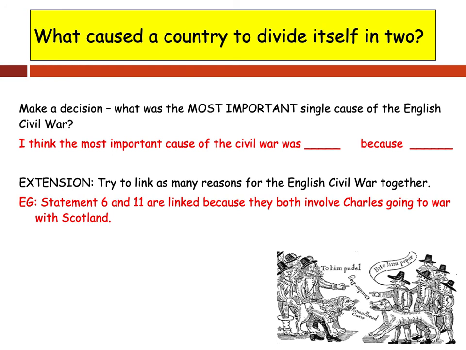Take a lot of time to justify why you think that particular reason was the most important. If you can, think about, are there any links between these? For example, we could say Parliament's demands over money is a way that it was trying to gain extra power for itself. So can you link any of these causes together?